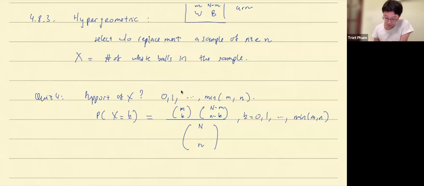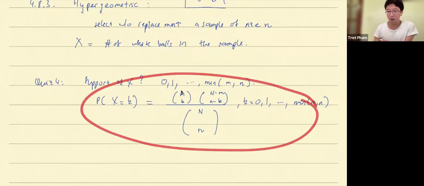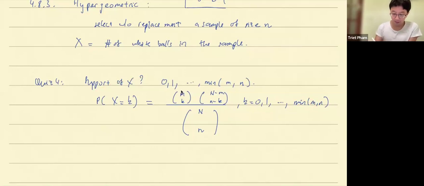So now, what's the next thing we should ask about a random variable? We have a hypergeometric, we define a random variable, we show its probability mass function. So the next thing to do is to compute its expectation.